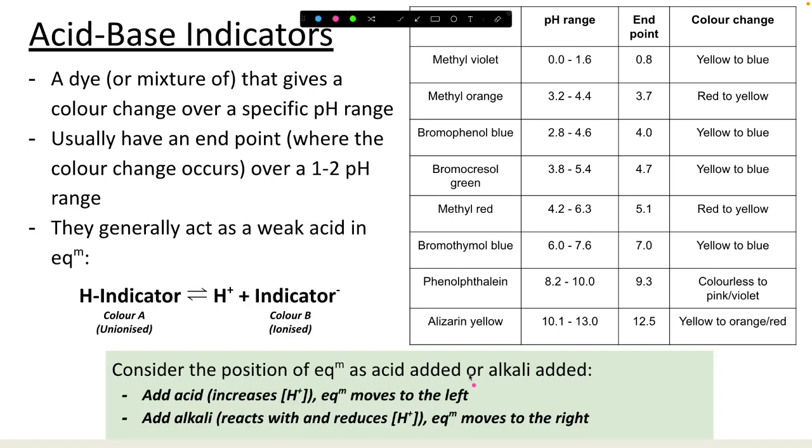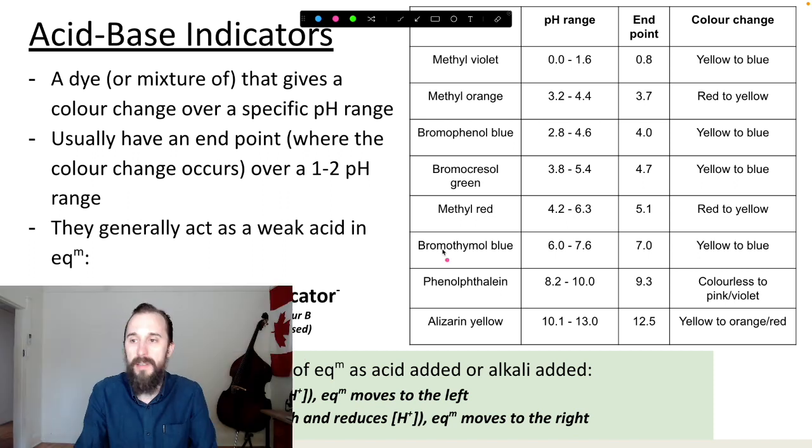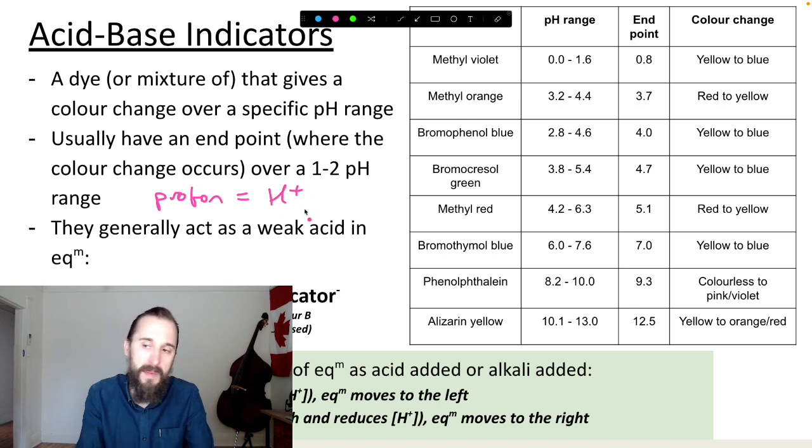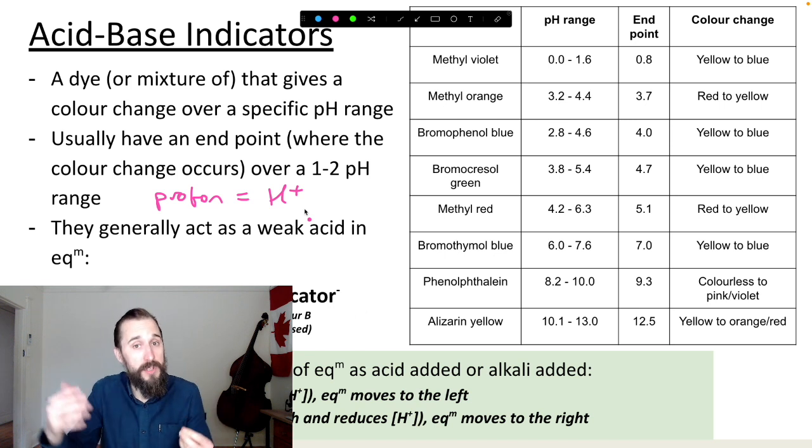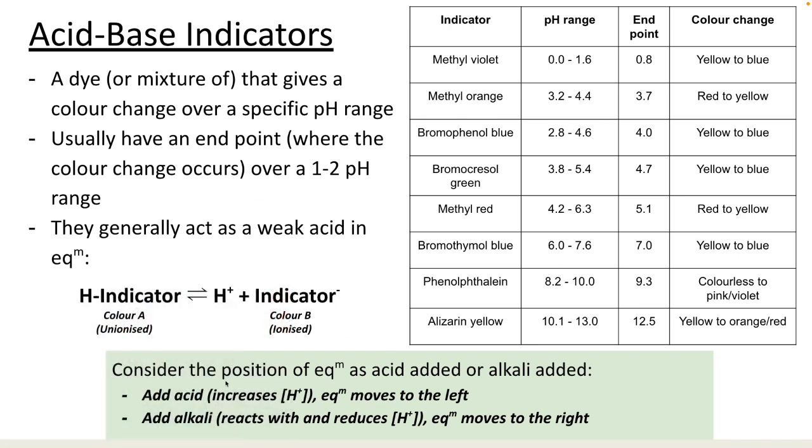We have our acids, which are proton donors. When we talk about protons, a proton is essentially a H+. If you think about a hydrogen, the protium hydrogen at least, having one proton and one electron, if it loses that electron, it's essentially just a proton, isn't it? So if we add acid, we're adding proton donors.